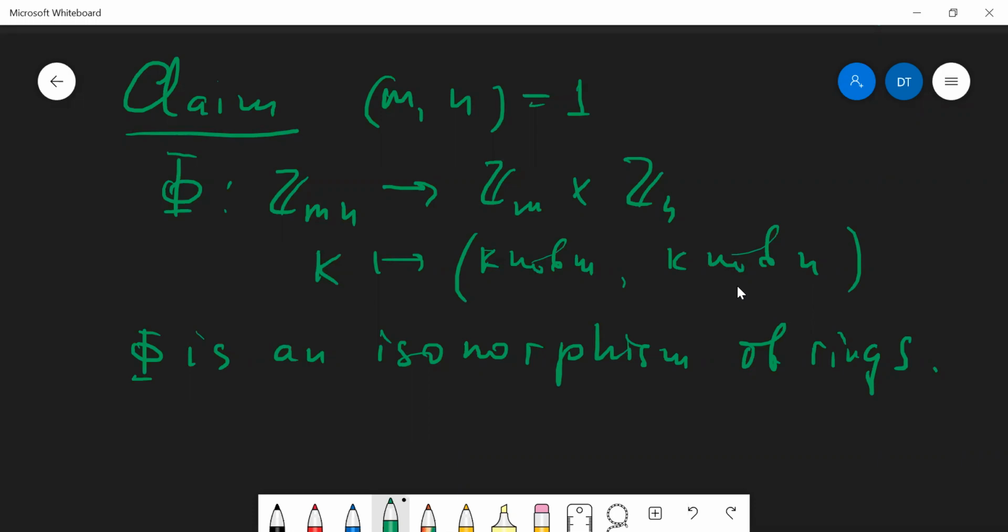So I'm going to skip the proof because it was given earlier when we proved the same result for groups. We already know that it's a bijection and it preserves all the operations. But it's important to formulate this as a claim.